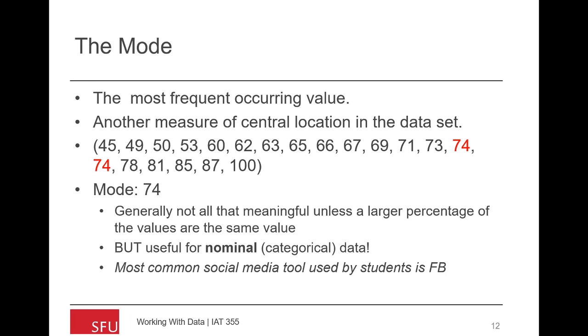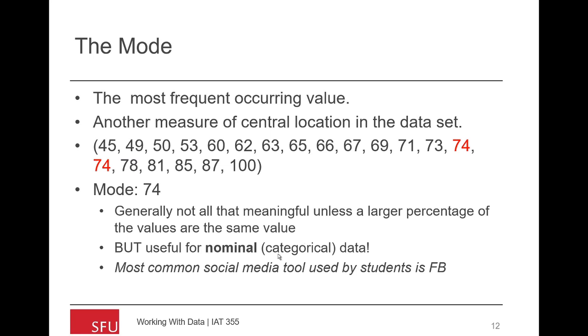For numerical data, it's generally not all that meaningful unless a large percentage of the values are the same value. And so for numerical things, particularly if they're real numbers, we're just looking at integers here, the mode probably isn't too useful a thing to compute. But it is useful for nominal or categorical data.